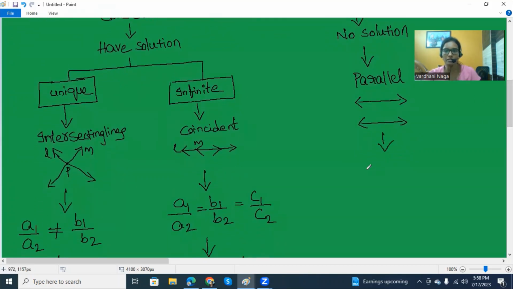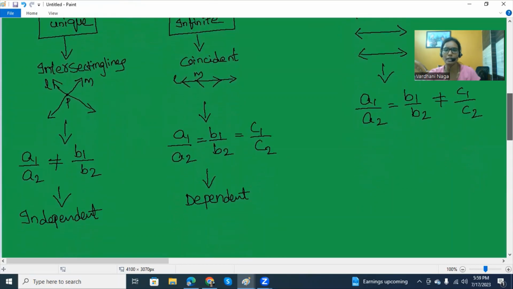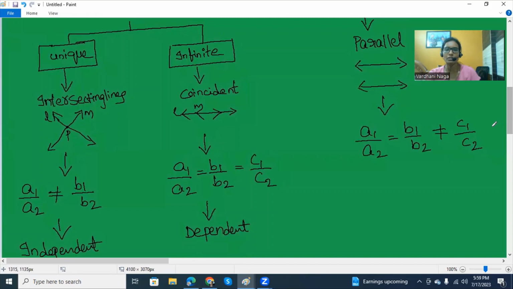And the condition for this is a1 by a2 is equal to b1 by b2 and it is not equal to c1 by c2. And there is no question of dependent and independent because here you are not able to find any solution for x and y. So there is no question of dependent or independent.